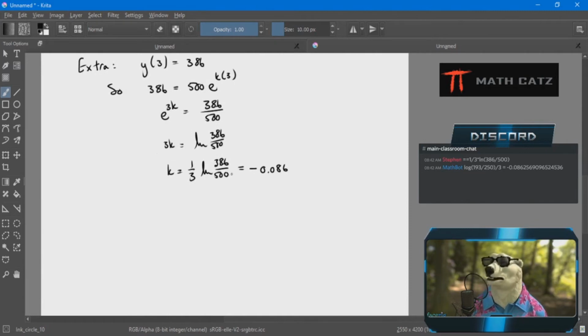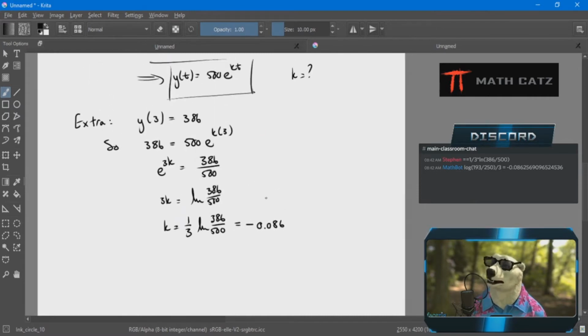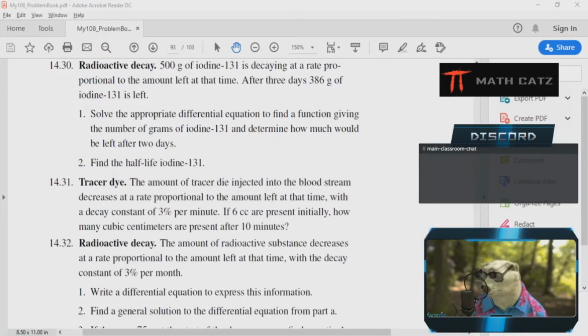So that is all making sense. And there's my k value that I can use in my function whenever I need to. So it's very similar to what we did yesterday. It's just that negative k values correspond to things that are decreasing in this exponential way.